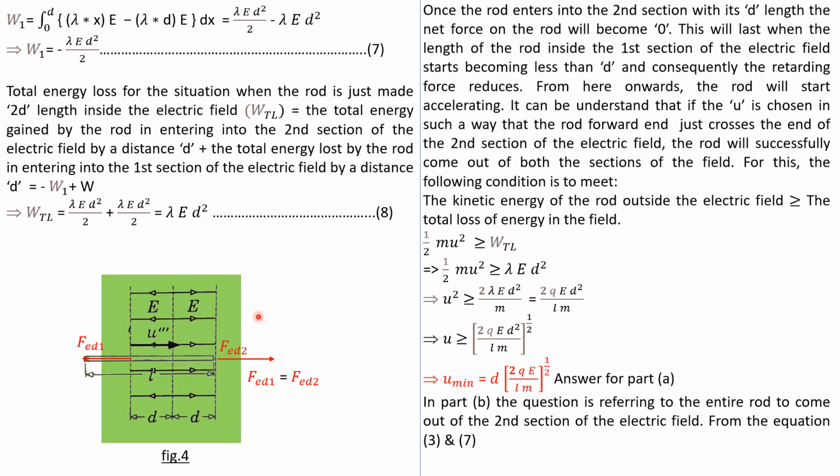E field is in this direction, so lambda d into E will be acting in this direction, and for this section it will be acting lambda d into E in this direction. That is why it is shown here as FED1 equal to FED2.